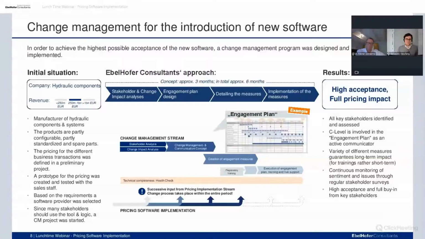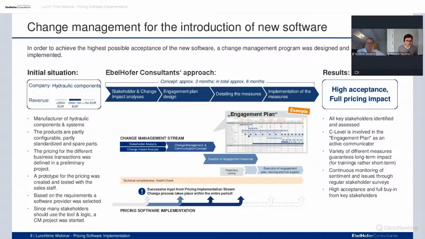And we've done this quite successfully with one of our clients in the past: to actually make this a standalone topic on the pricing software agenda, to feature it quite prominently, and to make it a substream called the change management stream, with its own structure and 4 main phases. And the key is really to create an engagement plan.